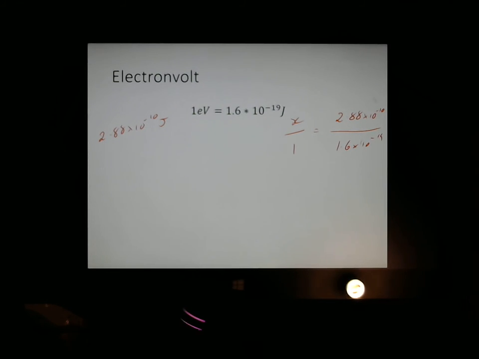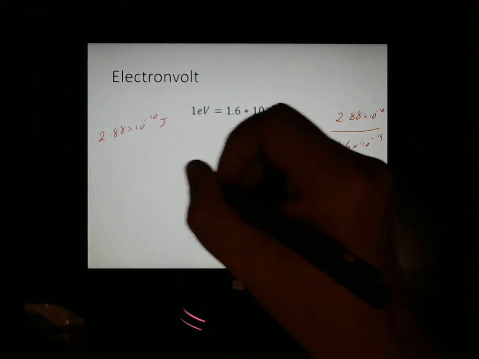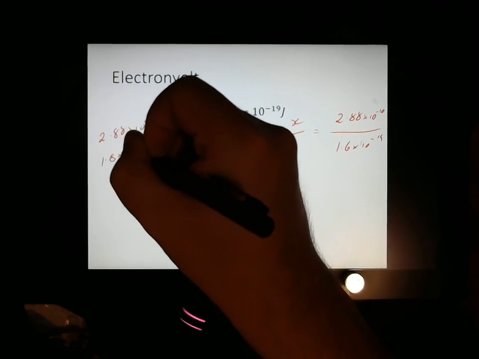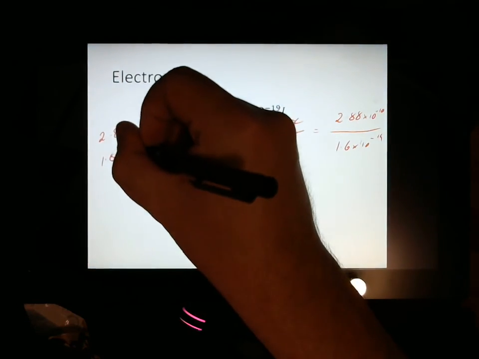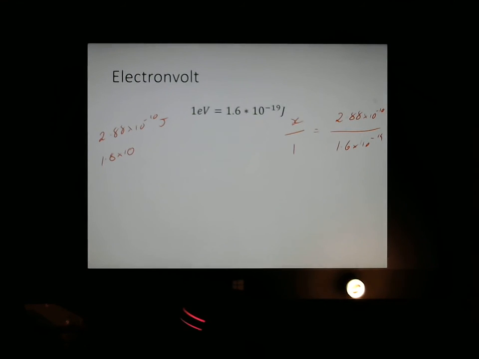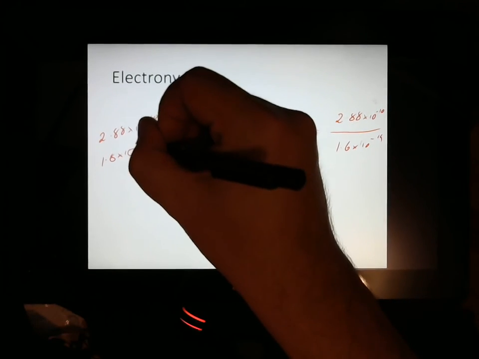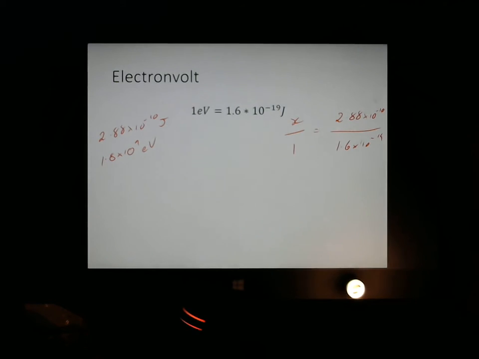Now the answer to this is 1.8 times 10 to the 9 electron volts. Often we will put this into some value of electron volts.